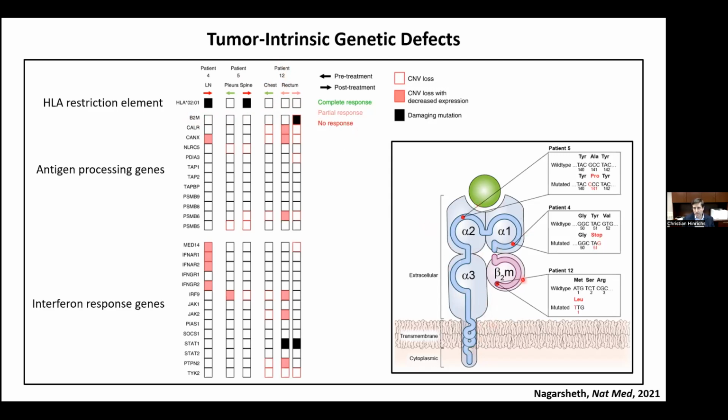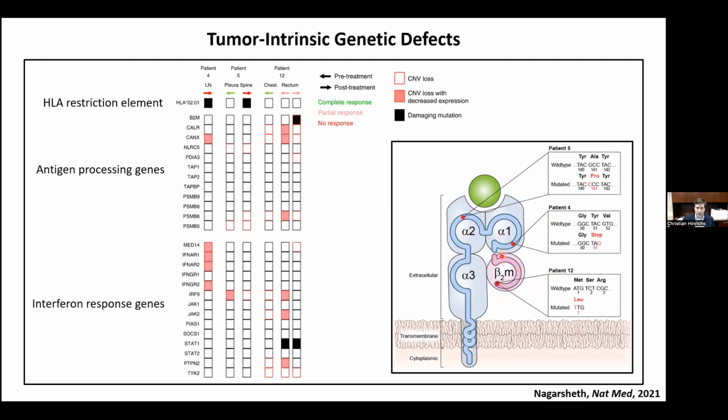So just to illustrate that here, patient 5 had a mutation in the alpha-2 domain of the HLA-A2 molecule. Patient 4 had a mutation in the alpha-1 domain of the HLA-A2 molecule. And patient 12 had a mutation in the start codon of the beta-2 microglobulin molecule, and the remaining copy was lost.